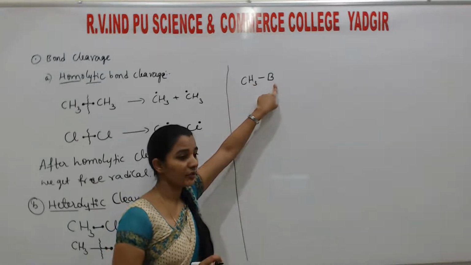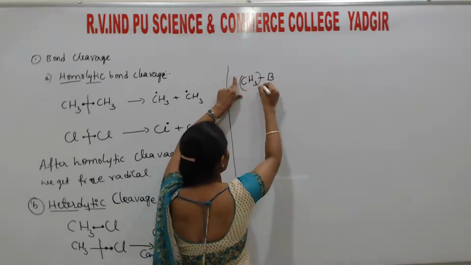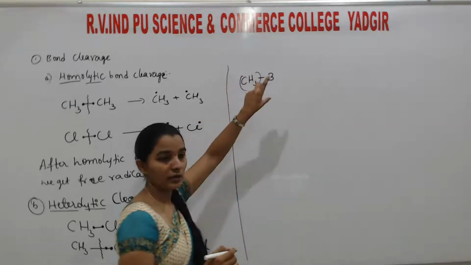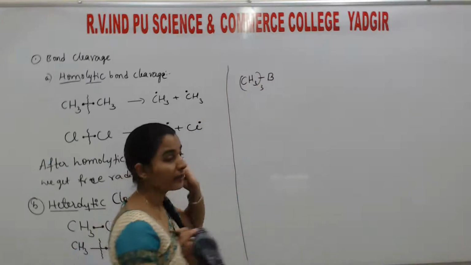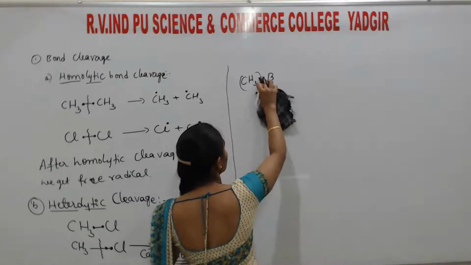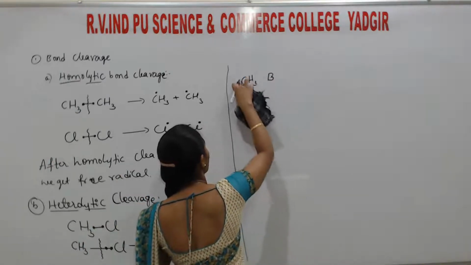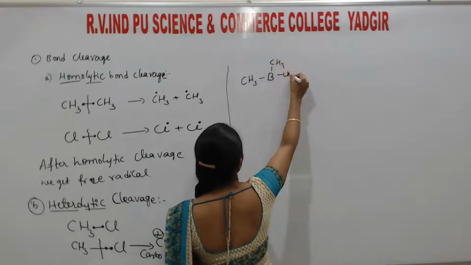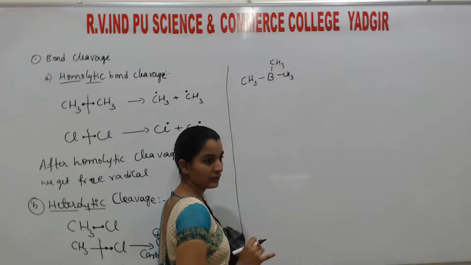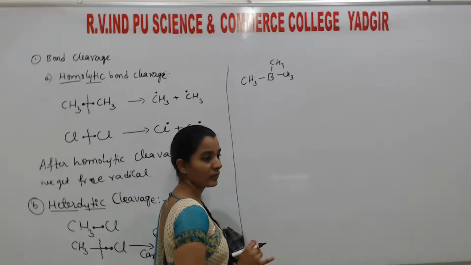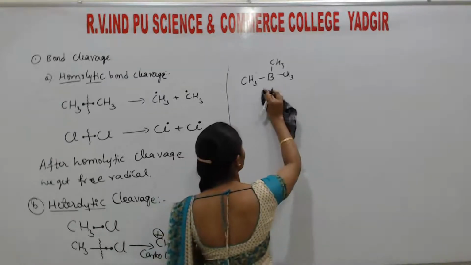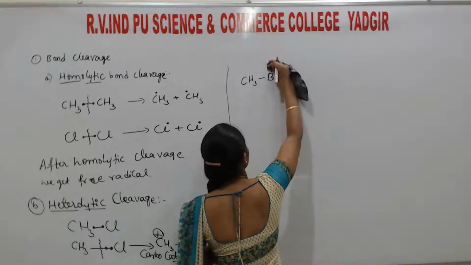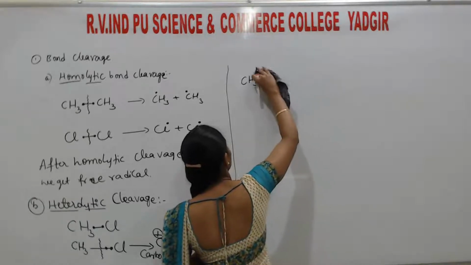Actually boron is trivalent, so we have to write it like this. For explanation, I am writing only CH3B, explaining only one bond. It will be CH3, CH3, CH3, then it is satisfied. Understood? For explanation, I will take only this.